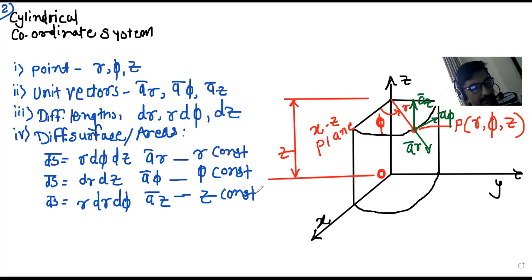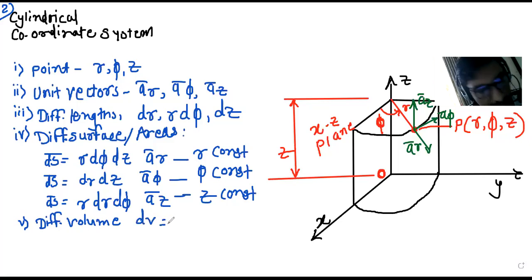The next is differential volume. How do you write differential volume? You simply have to multiply all the differential lengths. So differential volume dV is equal to r dr d phi dz.